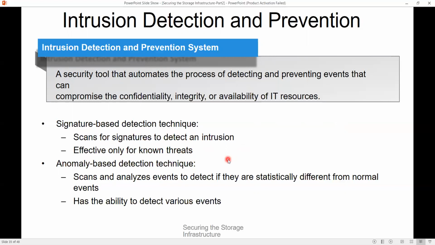Next is the anomaly based detection technique, which scans and analyzes events to detect if they are statistically different from the normal events, and has the ability to detect various events. So what happens is when something different happens in an organization from the normal events.